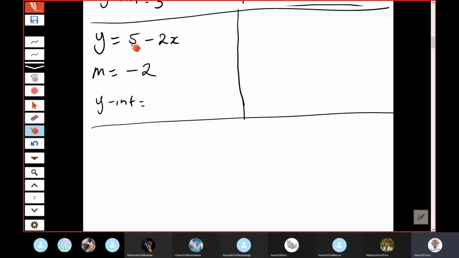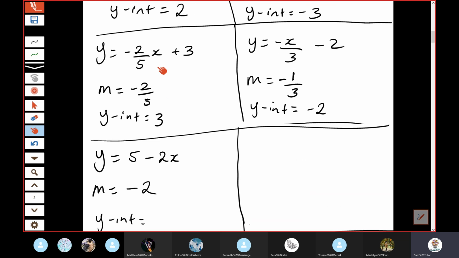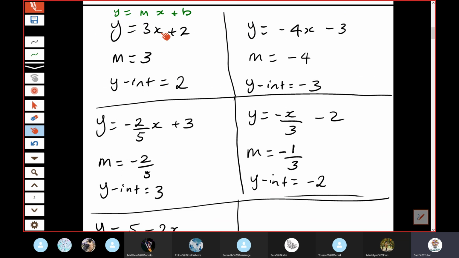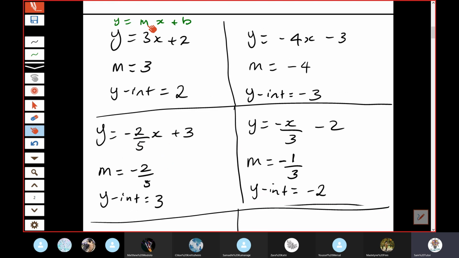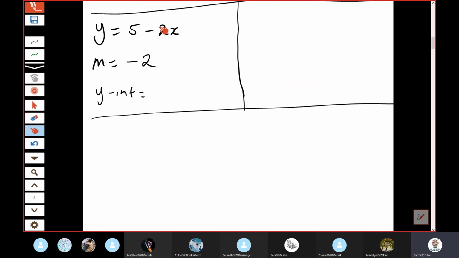So the reason why you said 5 is because you kept thinking, obviously, the first number, but m is the number in front of x. So what number is in front of x here? -2. Make sense, Yusuf? Yeah.